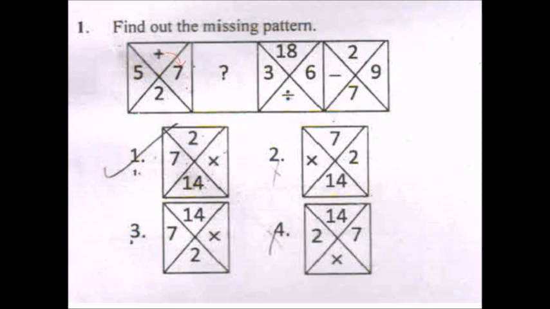So here it should be a cross sign followed by the result of the multiplication. So the answer will be 1, because here 2 followed by the multiplication sign, there is the result of 2 into 7, which is 40.